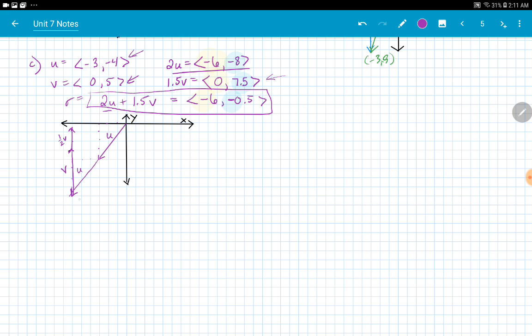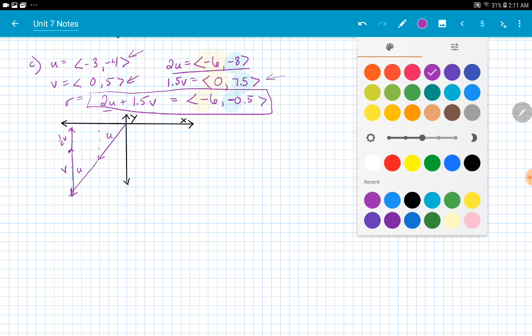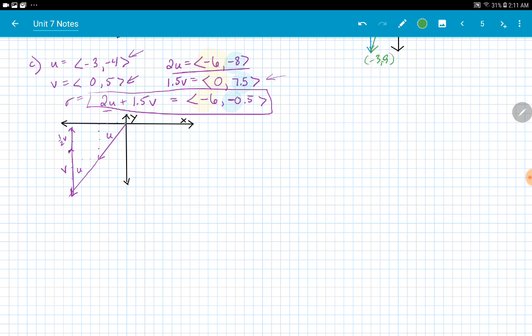So that's 1.5 v's, so that's 2u plus 1.5 v's. It ends right here, and I'll use that green line for the resultant again. It starts at the origin, and that's my result vector, which is negative 6, negative 0.5. So algebraically we get this, and graphically we get this, and they represent the same thing.